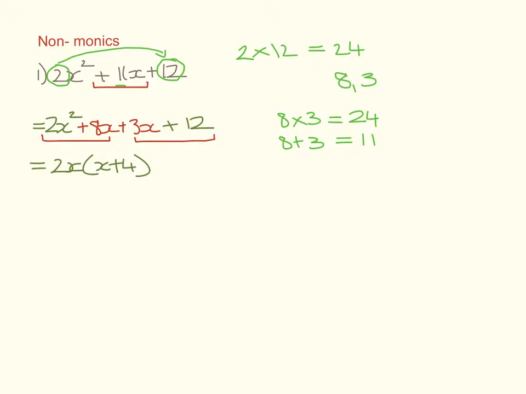Now I'm going to factorise out a 3, remembering that I need to have the same term in my brackets, because in the next step I'm going to take out a highest common factor, and my highest common factor will be x plus 4. So x plus 4 comes outside, and what's left over is the 2x from the first term and the 3. We have now taken a trinomial and turned it into what will become a binomial expansion.